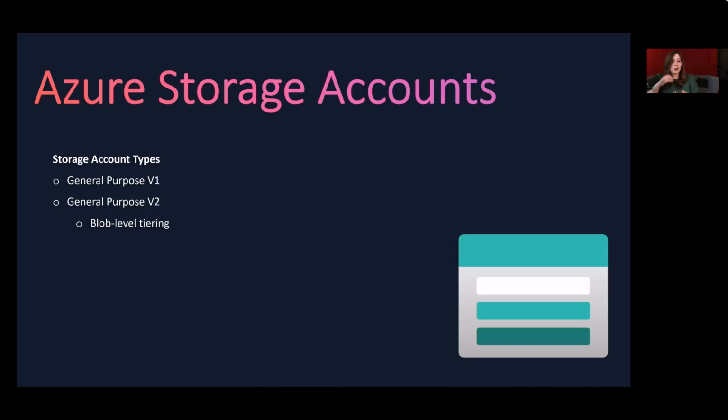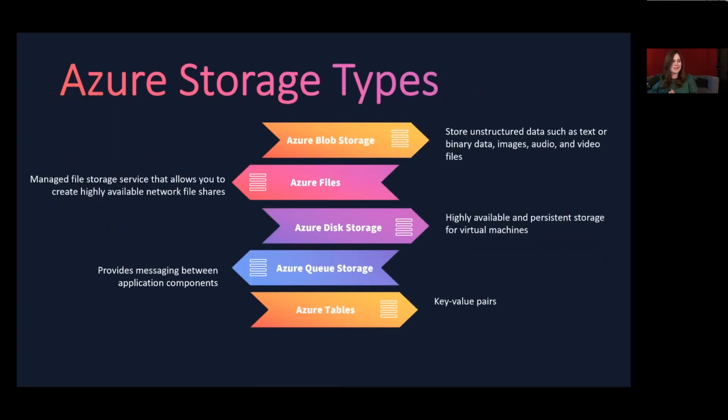And for other blobs or files, we can say, I want to access this very frequently, so make it hot storage for me. That was not possible in general purpose version 1. So if you see these definitions being thrown around, now at least you know the differences between these types of storage accounts.